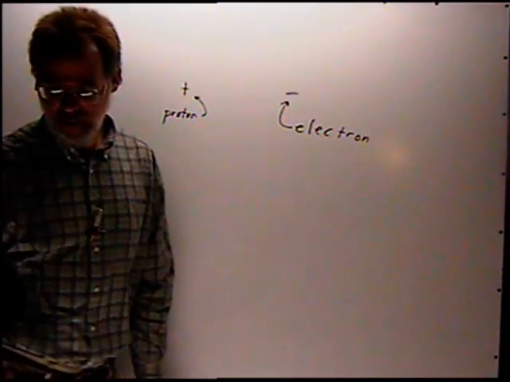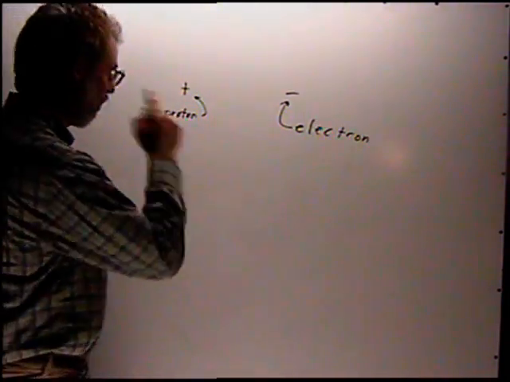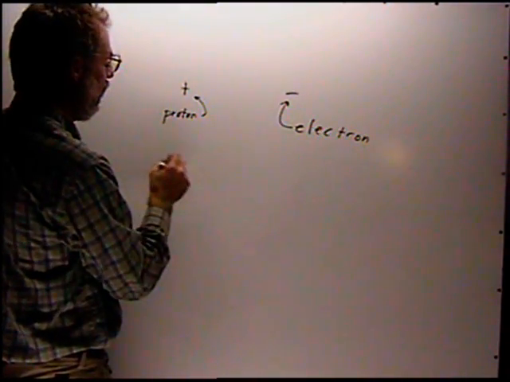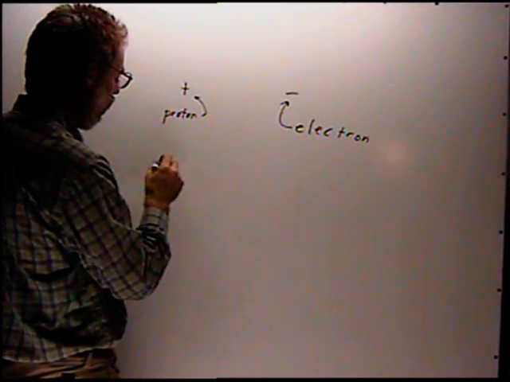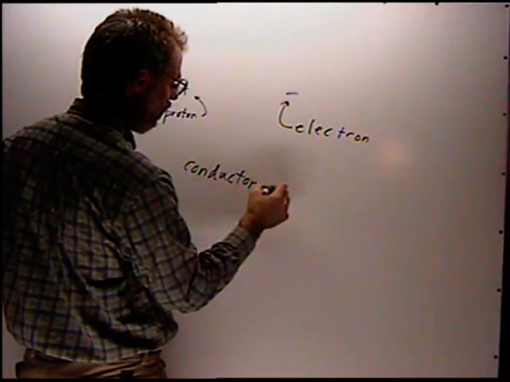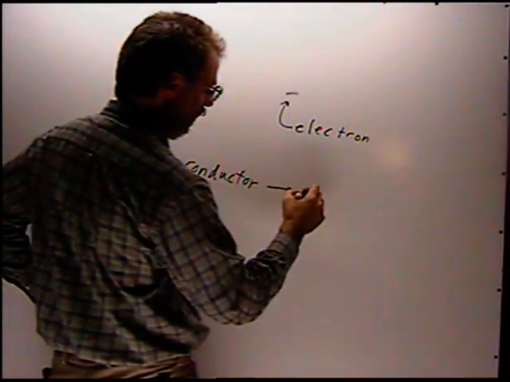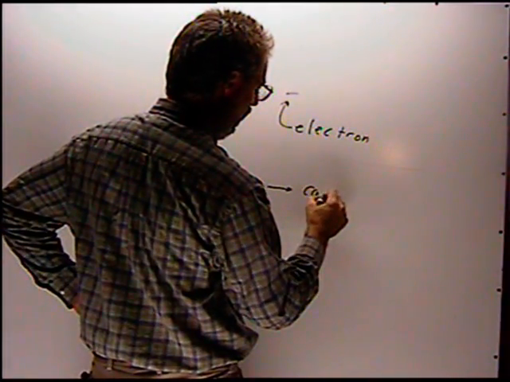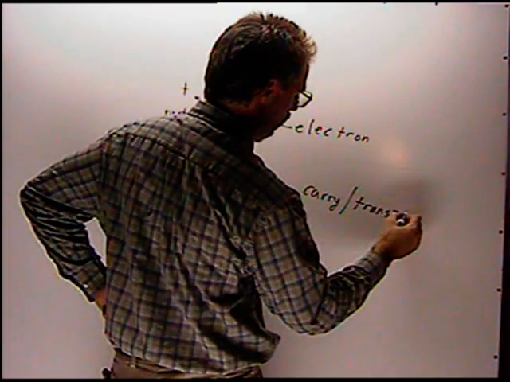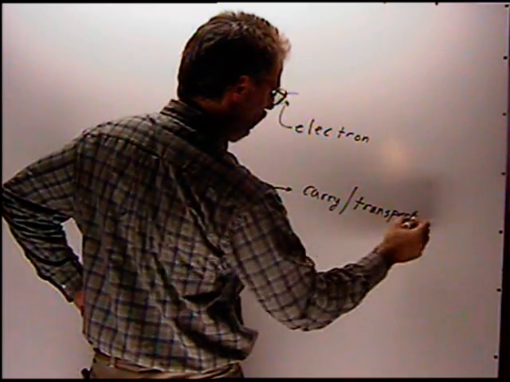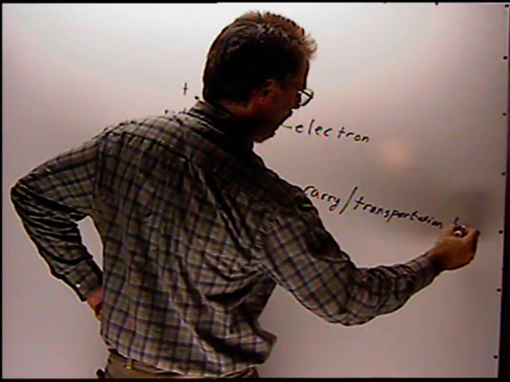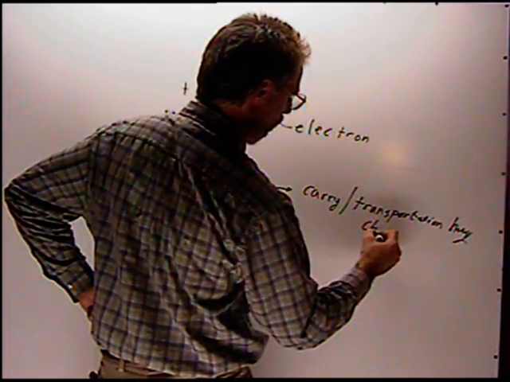So, flipping back to page 425, electrons can move, and protons can move, and this movement is through a conductor. A conductor is something that can carry, or shall we say transport, charges. It's a transportation highway, if you call it that, of charges.